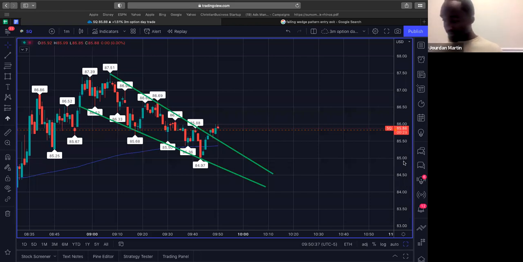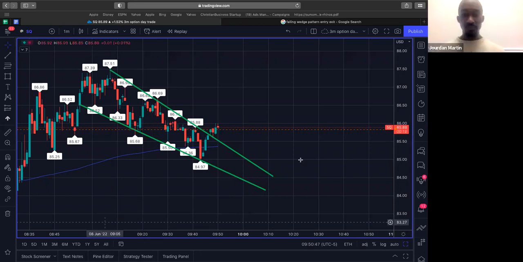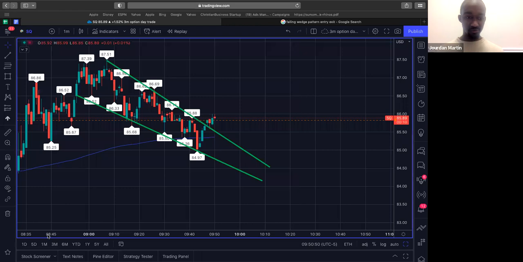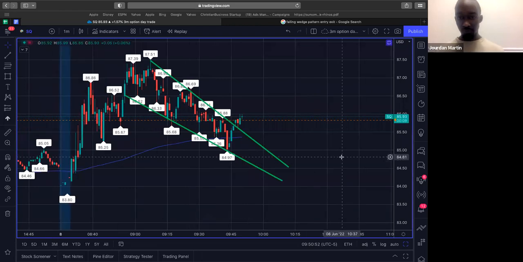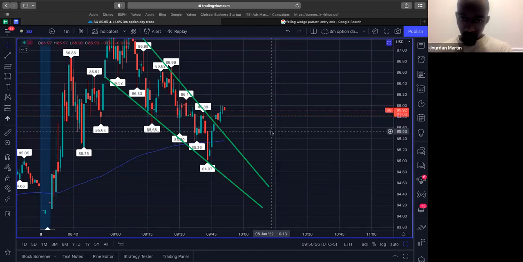So let's check this out. I'm gonna go ahead and lay out my plan. All right. So I did just grab some 86 calls on Square. When I'm looking at setting my stop loss for my price, that's what I'm about to figure out now.